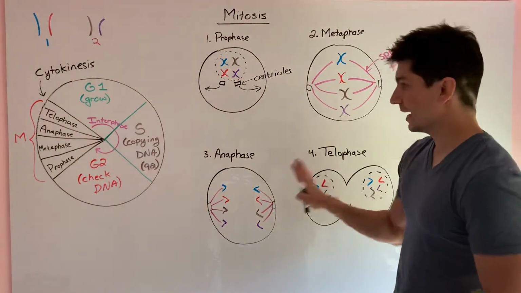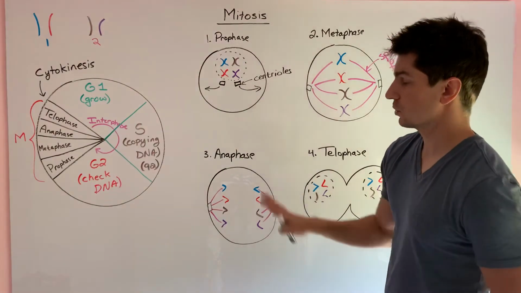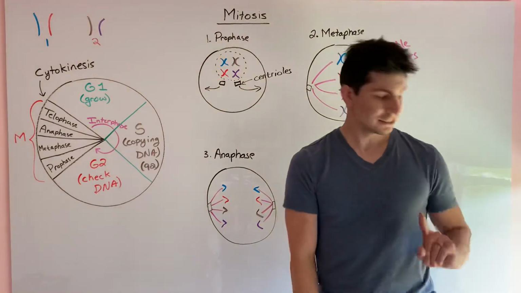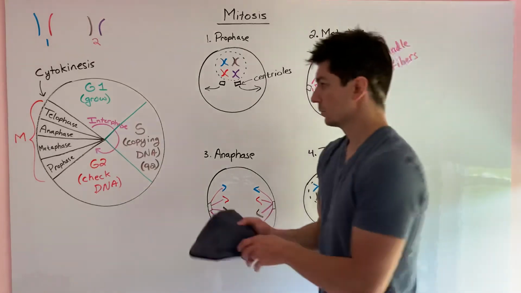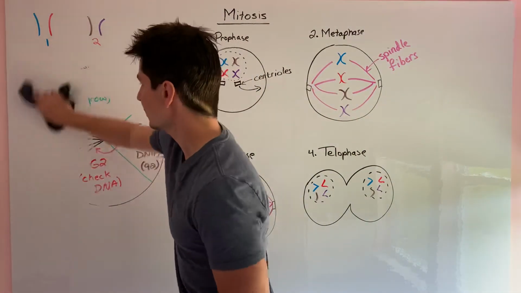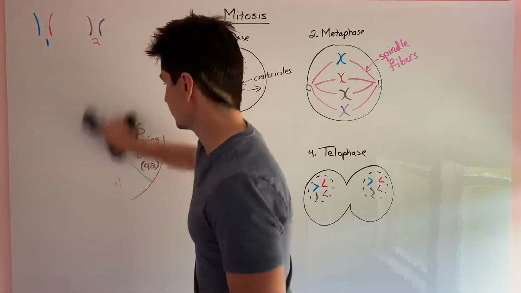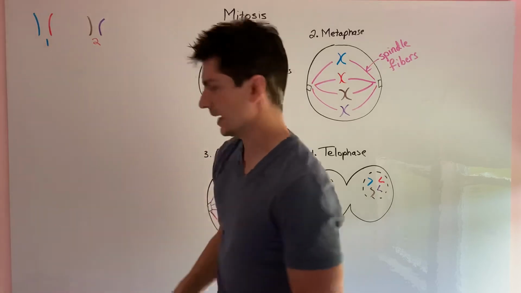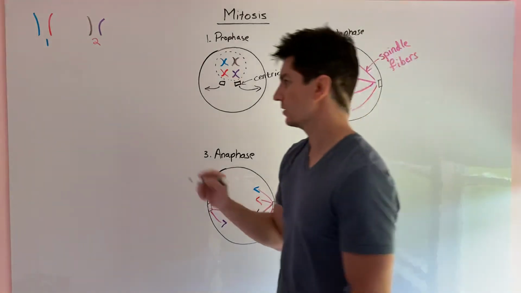All right, so that is it for mitosis, the whole process of it. The last thing I want to go over before we call it a day with our mitosis video is what types of cells does mitosis produce and some characteristics about those cells.